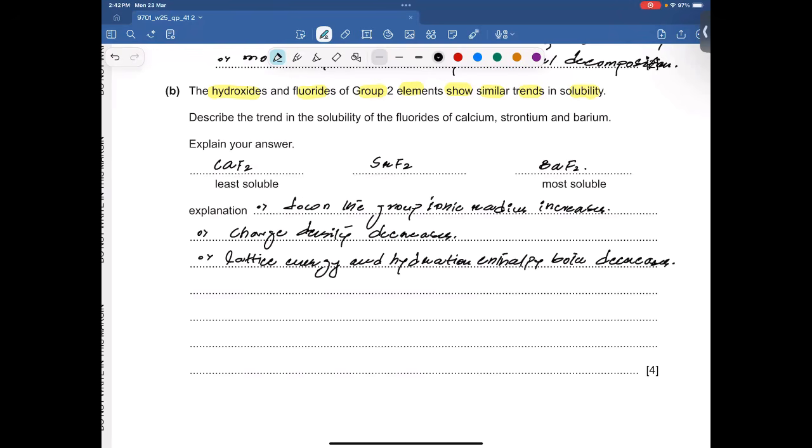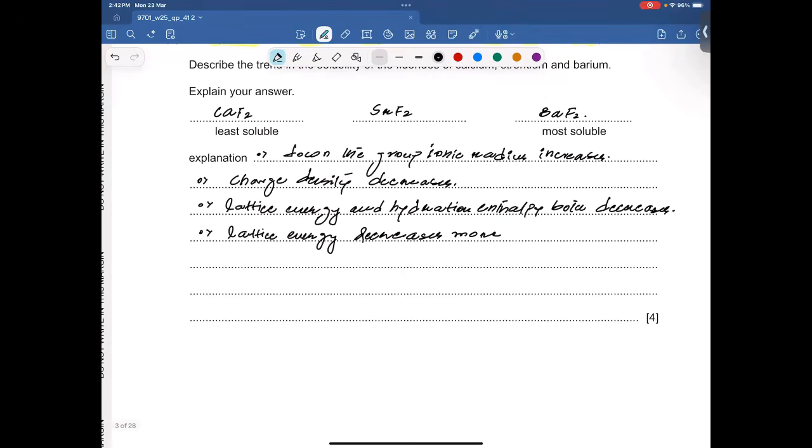In this scenario, lattice energy plays a key role, which is why lattice energy decreases more significantly than hydration enthalpy.